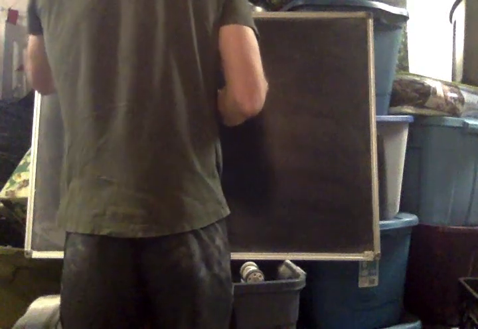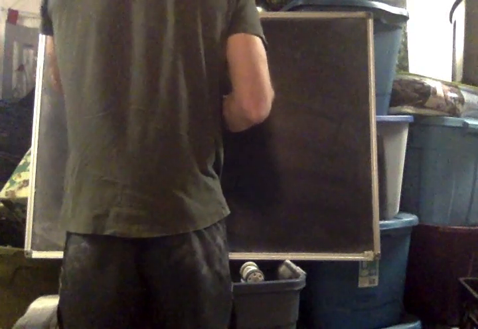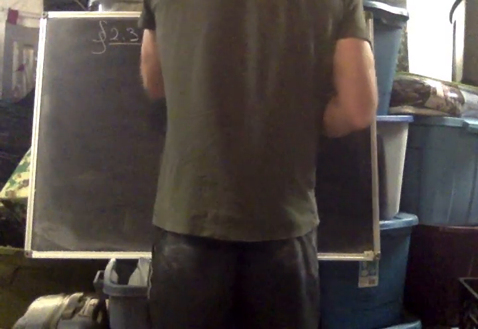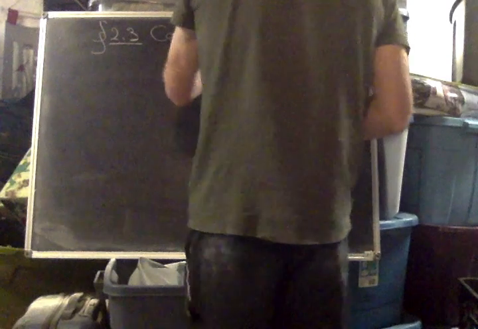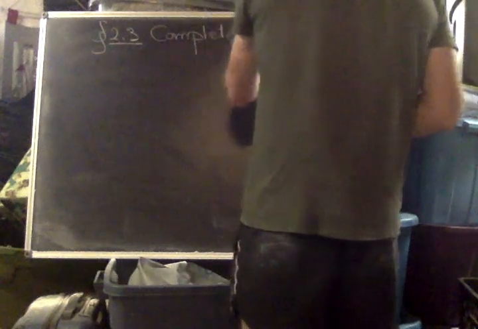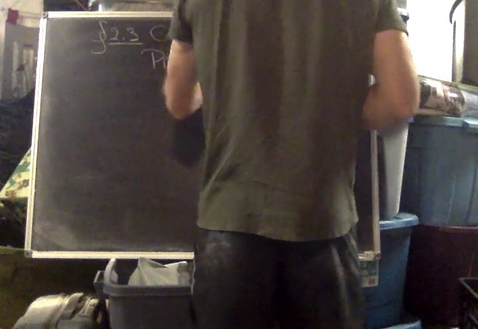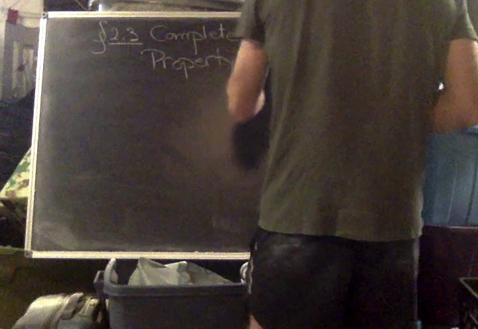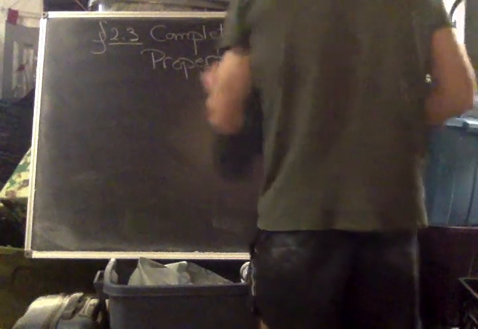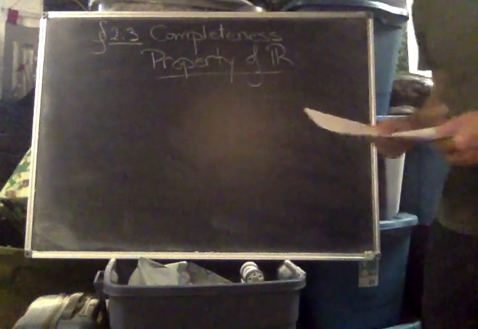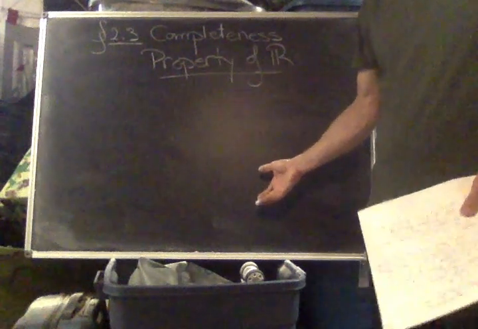Okay, this is an important section, section 2.3. This is on the so-called completeness property of R. And it really is important because it's what makes R, right?